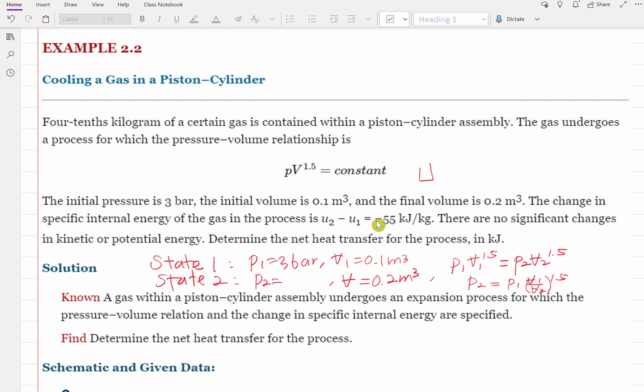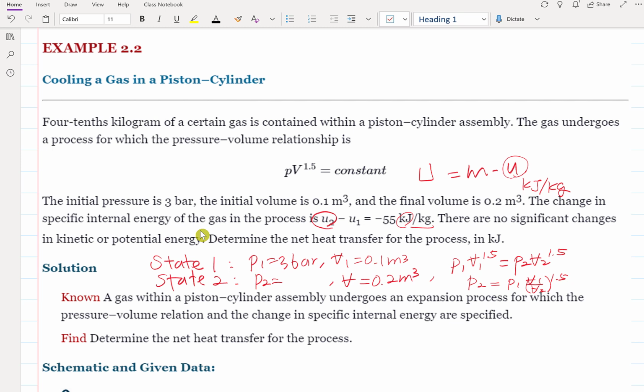It can be expressed as mass times lowercase u, a specific energy, specific internal energy. Specific internal energy has a unit of kilojoule per kilogram. And there are no significant changes in kinetic or potential energy.